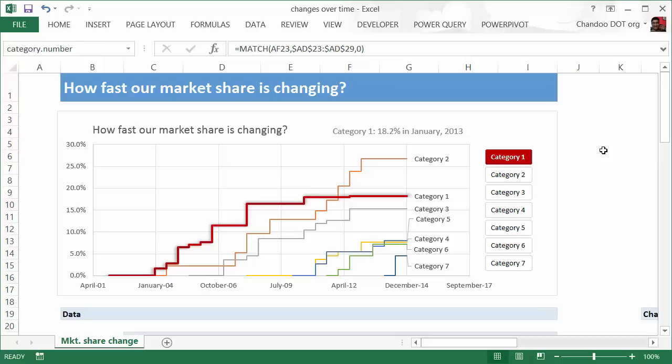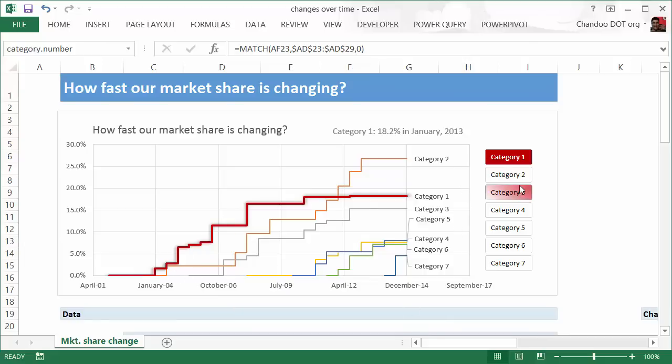From that point we are running operations, and we have been monitoring the market share of each of these product categories. For example, category 1, when we launched, we obviously had 0% market share, but after a year or two we climbed up to 1% market share because we have done effective marketing and gained a place in our customers' hearts. So like that, you could see the story of how various categories have changed.